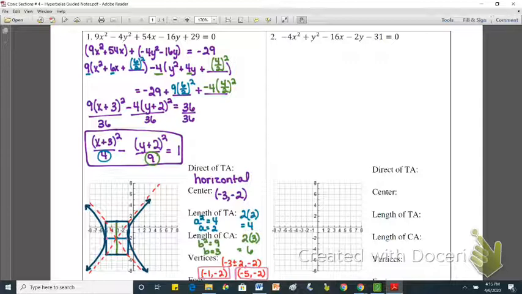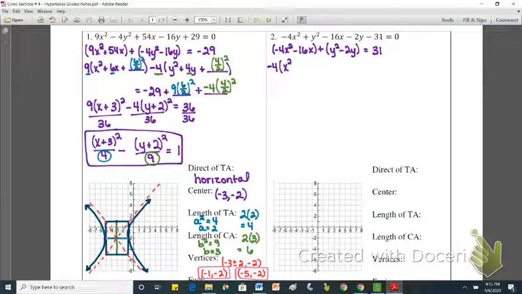So let's look at the next one. Example 2. I'm going to do the same thing. I'm going to group my like terms together. So I have a negative 4x squared and a negative 16x, plus y squared minus 2y, and take my constant to the other side. So I have a 31. I'm going to go ahead and factor out here. The first one I'm going to factor out a negative 4 because, again, remember, we need a positive x squared in order to complete the square.